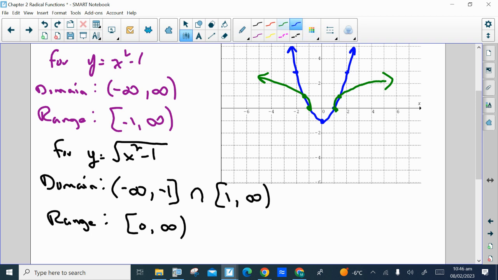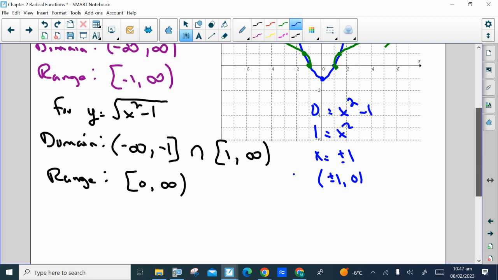These are our invariant points where x squared minus 1 equals 0, because the invariant points occur where y equals 0 and also where y equals 1. So we let it equal 0 first, solve for x squared, add 1 to both sides, and then take the square root. There's where you get your plus and minus 1. Plus and minus 1, comma 0 are our first set of invariant points, and our second set will be where y equals 1.